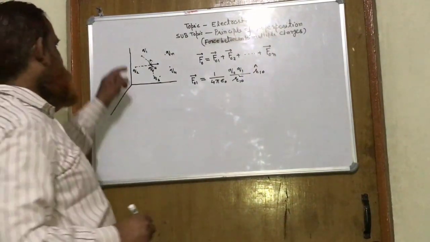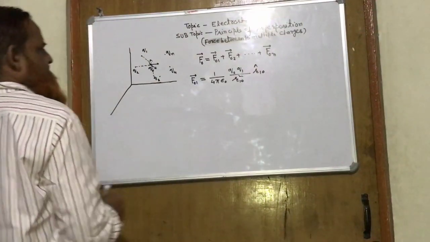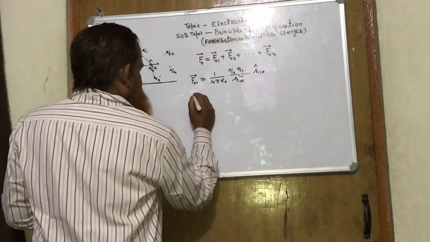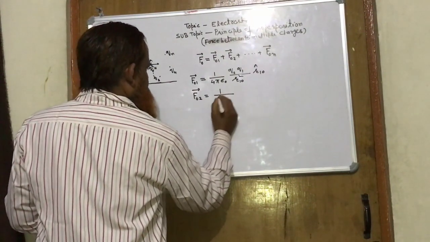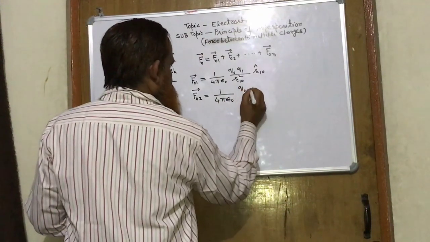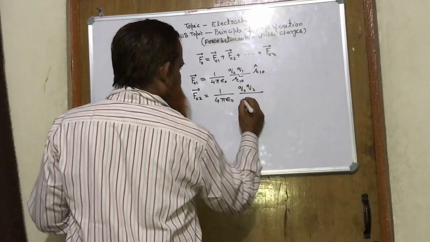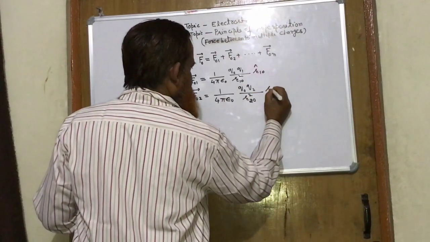The distance is taken from the charge which is exerting the force. Similarly, F02 is equal to 1 upon 4 pi epsilon naught Q0 Q2 by R20 square.